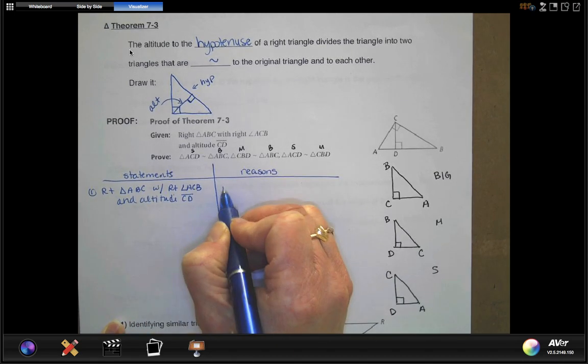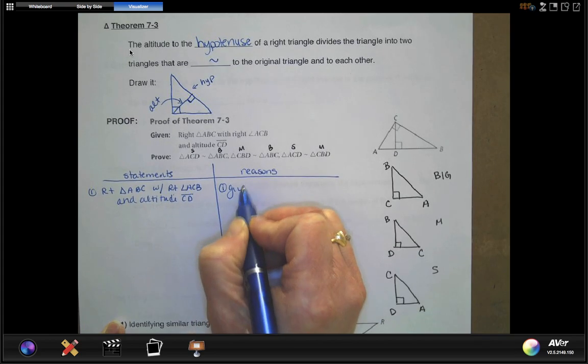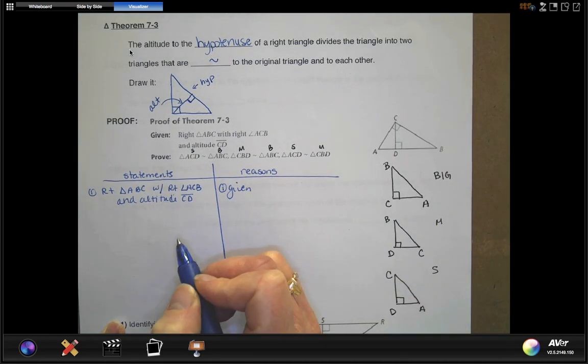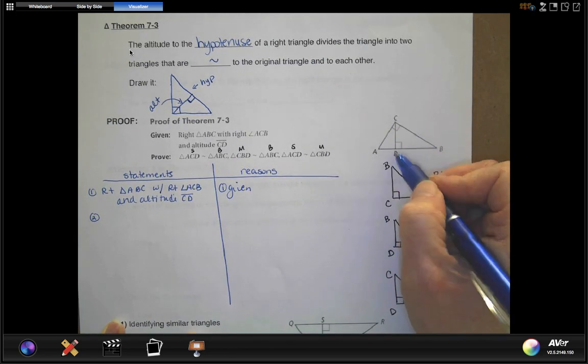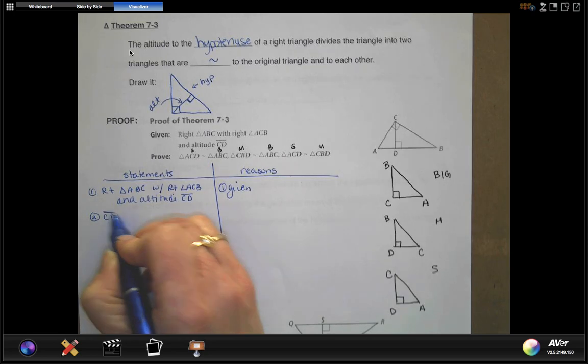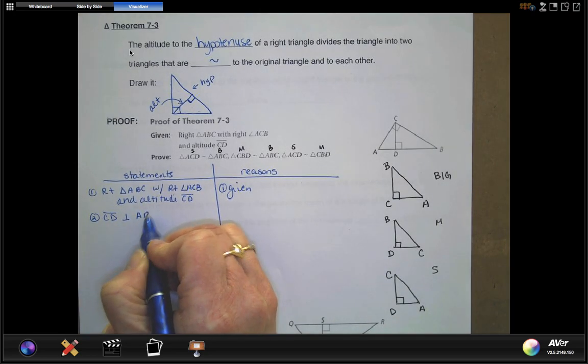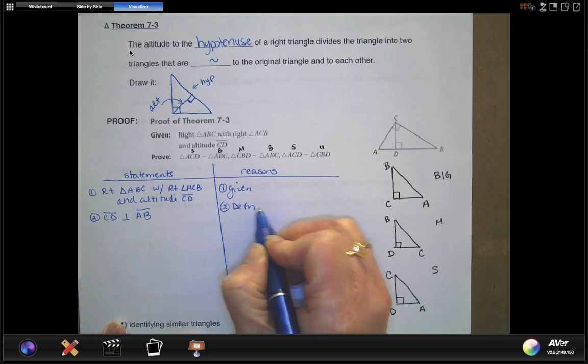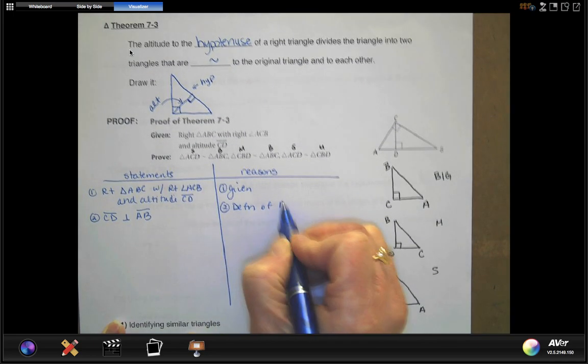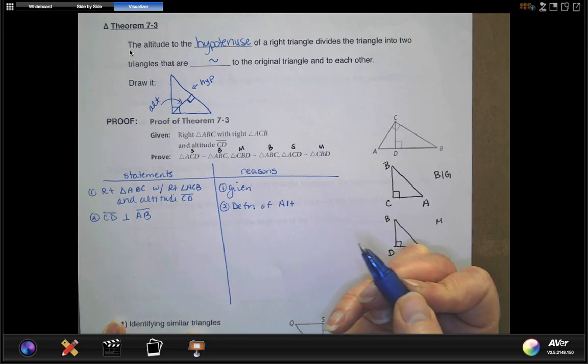So that's my given. All right, because I have an altitude, I know then that CD is perpendicular to AB. By definition, an altitude is supposed to be perpendicular to the other side. So I'm just going to say definition of an altitude.